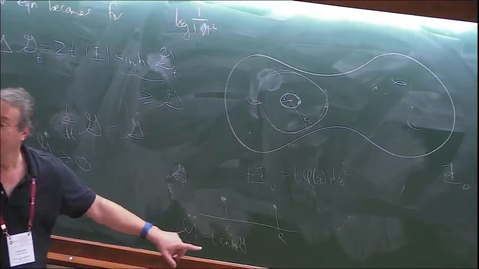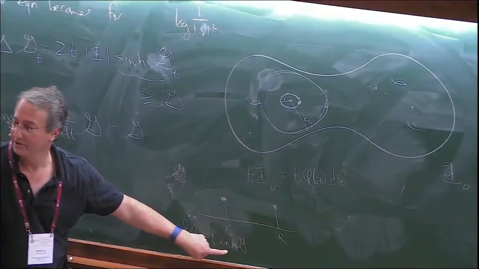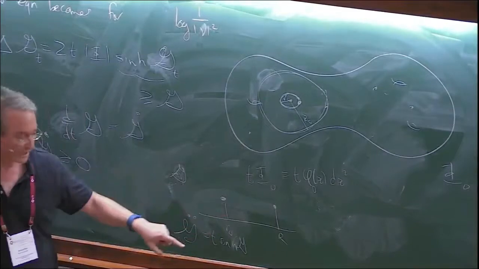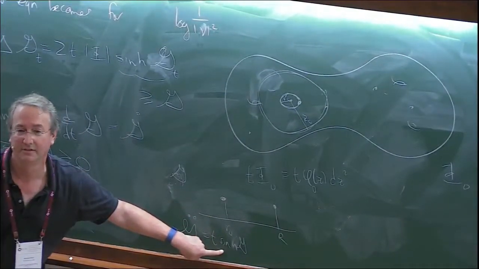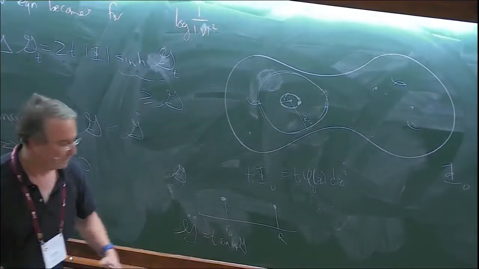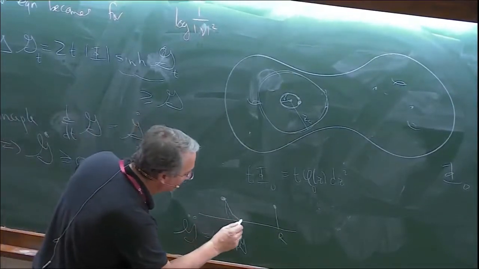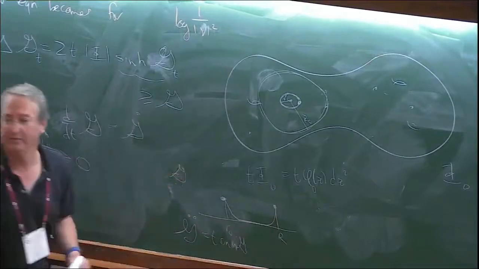This is positive, so it's a convex graph, but it's a convex graph with a huge second derivative. So that means that this thing is being driven down to 0 very rapidly.